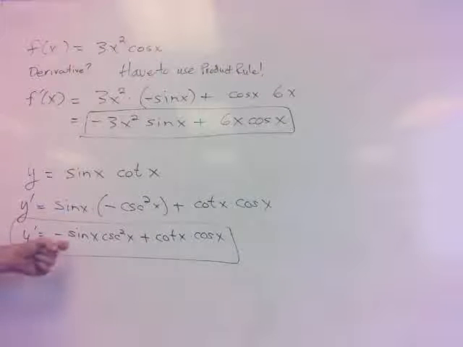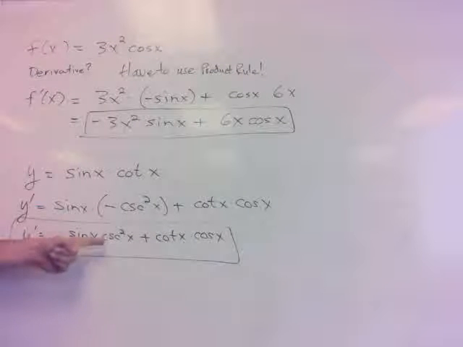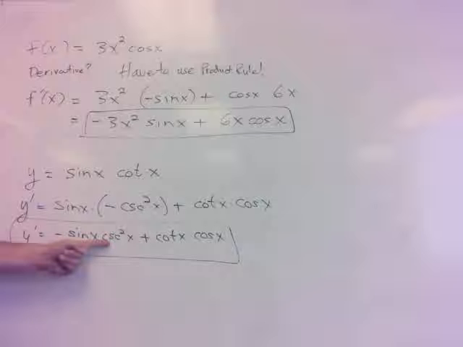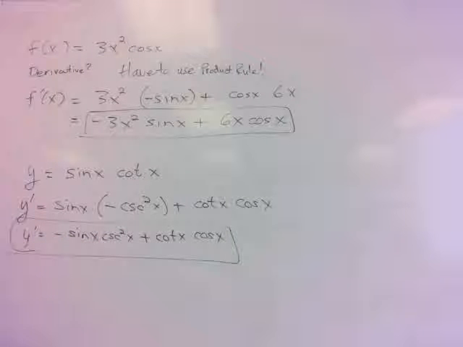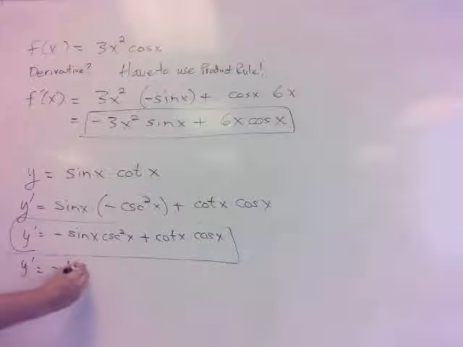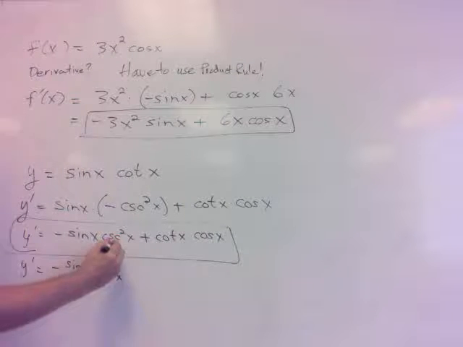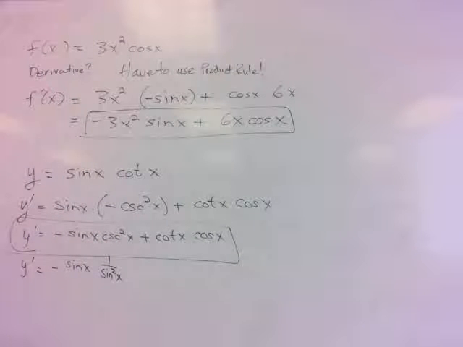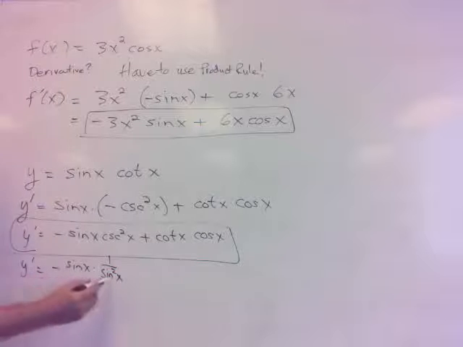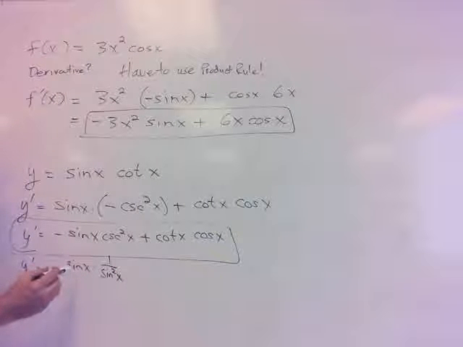One thing I was going to mention is that this does clean up a little bit, because cosecant is 1 over sine, right? So that's 1 over sine squared x. Cosecant squared would be 1 over sine squared. And so you've got a little bit of cancellation, don't you?